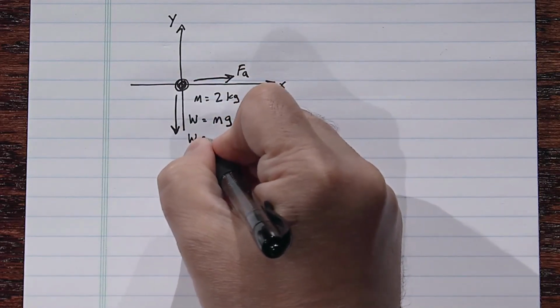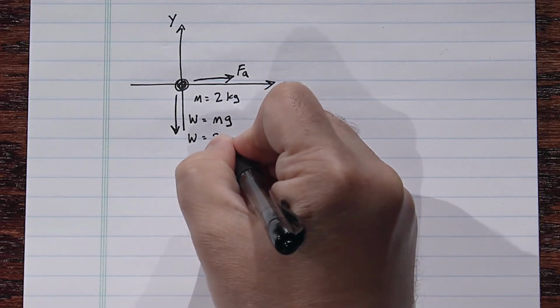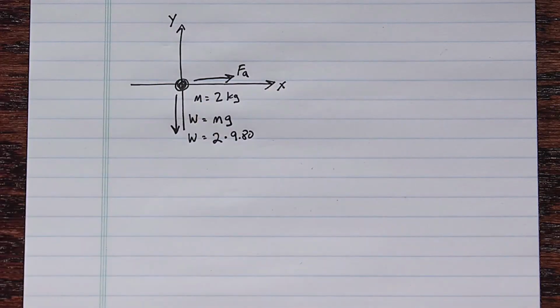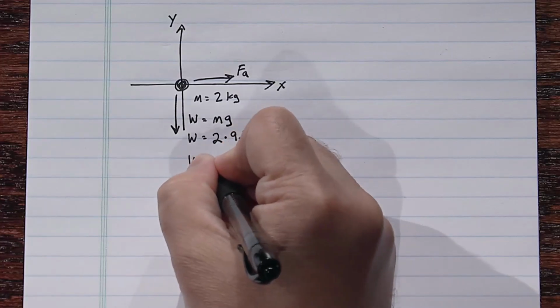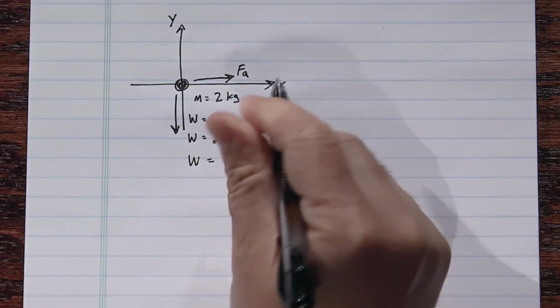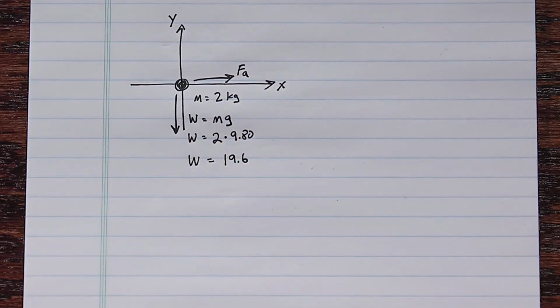Let's calculate the weight: 2 kilograms times 9.80 newtons per kilogram. We're assuming that we're working near the surface of the Earth, where the gravitational field strength is 9.80 newtons per kilogram. I haven't written the units into this equation just for clarity's sake. So the weight is equal to 19.6, and the units are newtons since we're working in basic metric units.